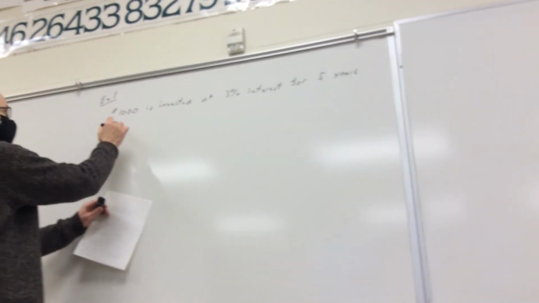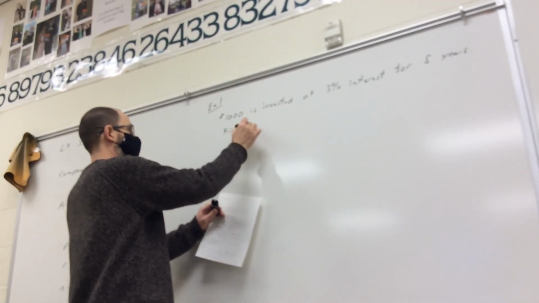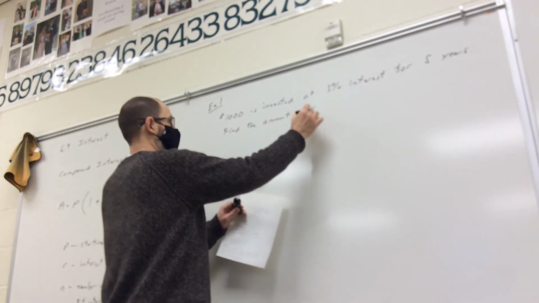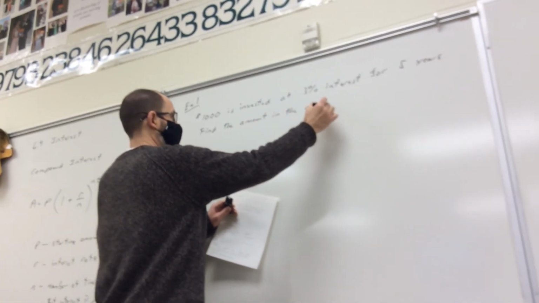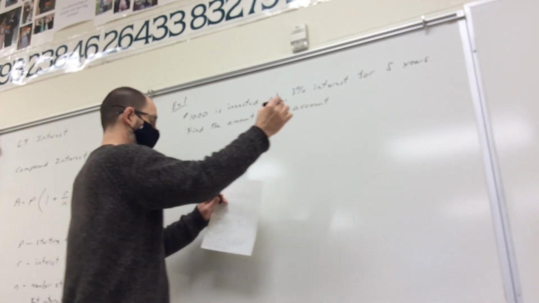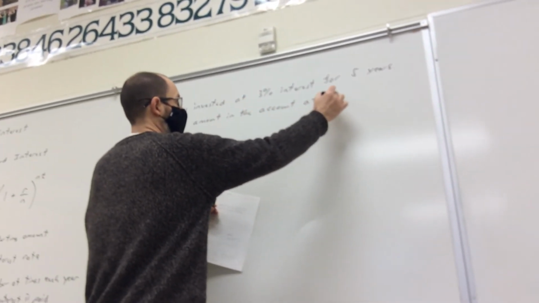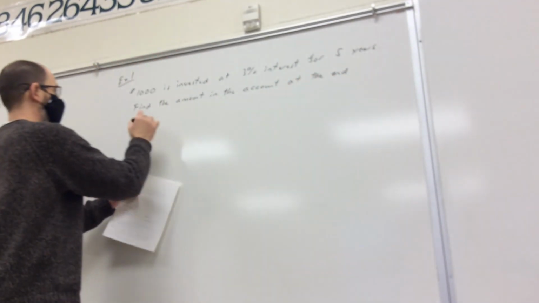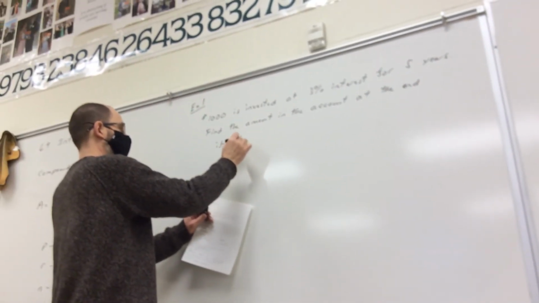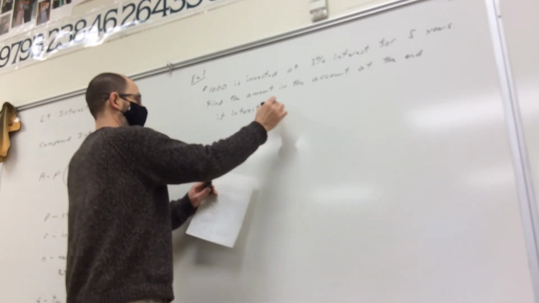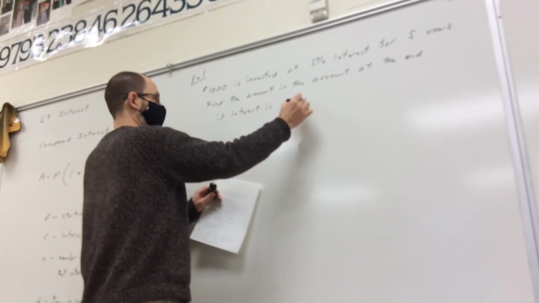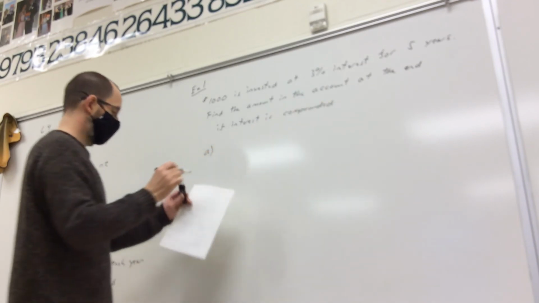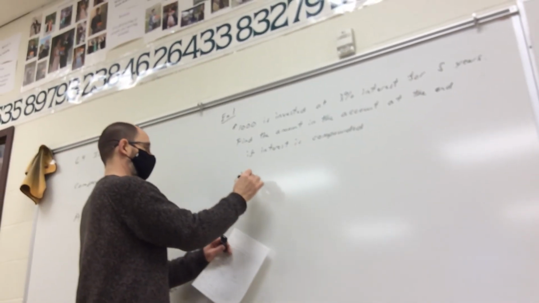And we're going to find the amount in the account at the end if interest is compounded. That means how often it's given. And for part A, we're going to do annually.